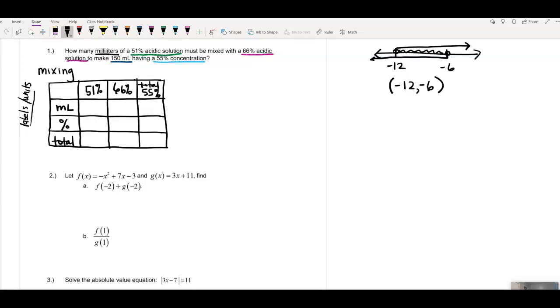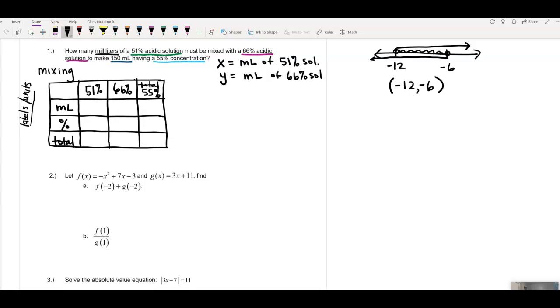All right. I always like to make sure that I'm assigning variables and that I know what I mean by each one. So I'm going to call X the milliliters of the 51% solution, and Y the number of milliliters of the 66% solution, because those are the two things that I'm trying to figure out: how much of each must be mixed.